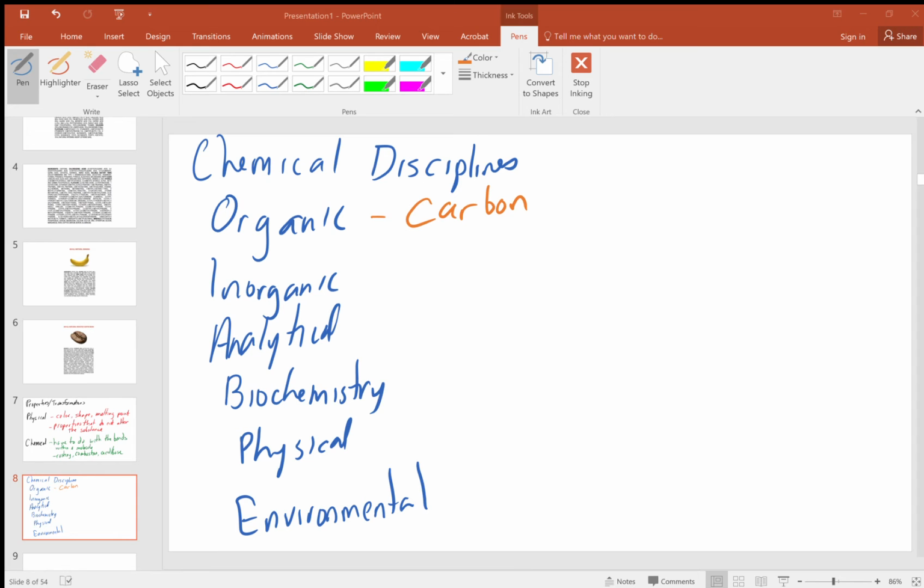And pretty much everything we do on a daily basis is carbon-based. So life, fuels, polymers, pharmaceuticals. It's pretty much impossible to do, well, anything in life without running across organic molecules.